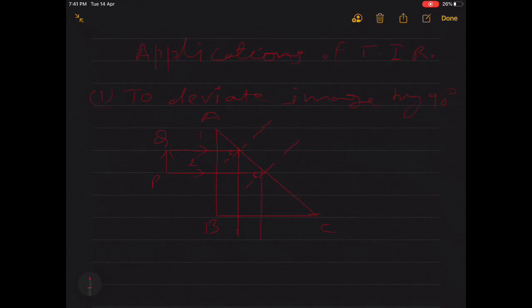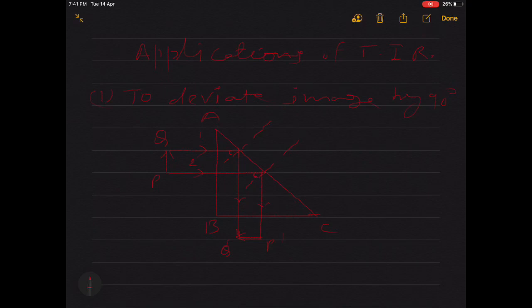So we get the image of this object PQ here, and this side is P dash and this side is Q dash. If you consider the angle between these two, it's very clear.